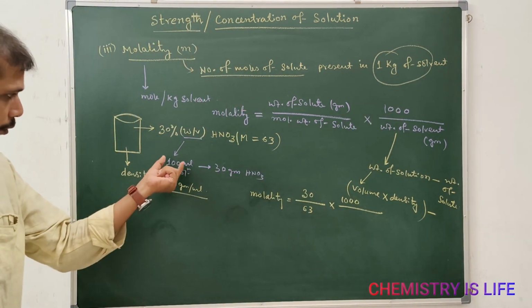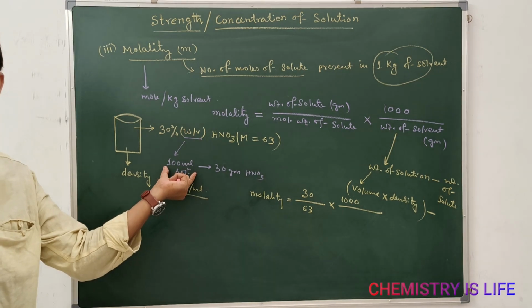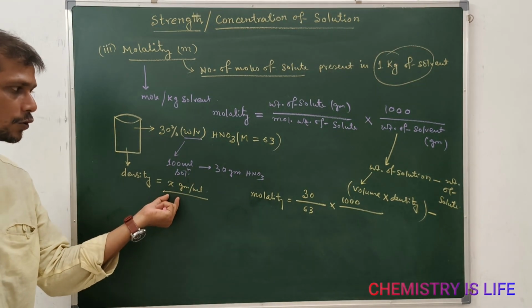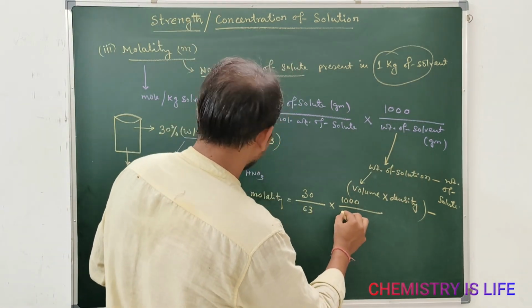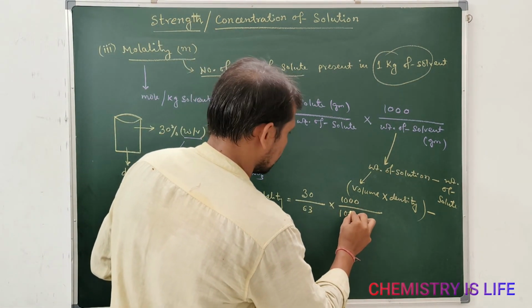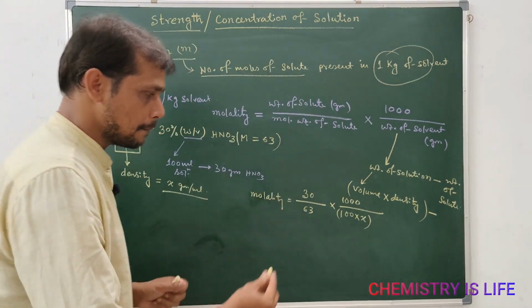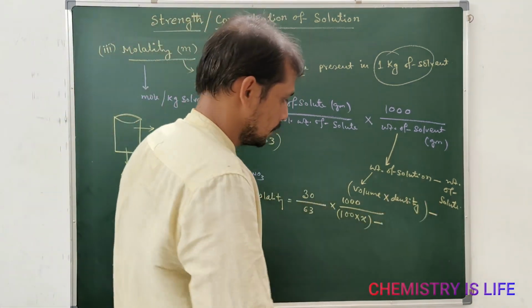So we have got 100 ml solution, that is volume of the solution, and we are given the density of the solution. So we will get weight of the solution, that is 100 into X, minus weight of the solute.